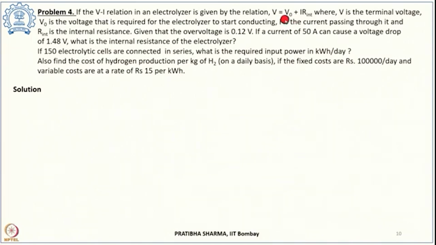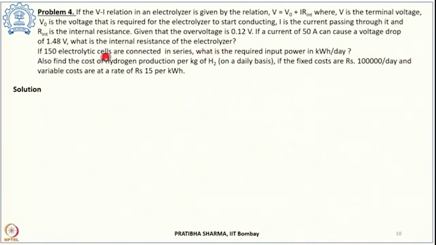It is also provided that the over voltage is 0.12 volt, and a current of 50 amperes results in a voltage drop of 1.48 volt. We need to find the internal resistance of the electrolyzer under these conditions.